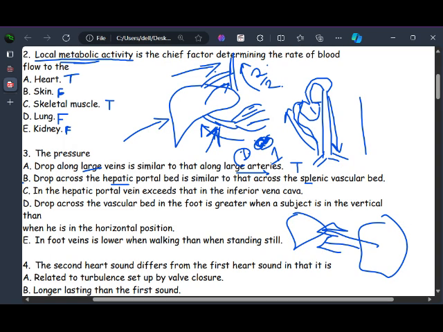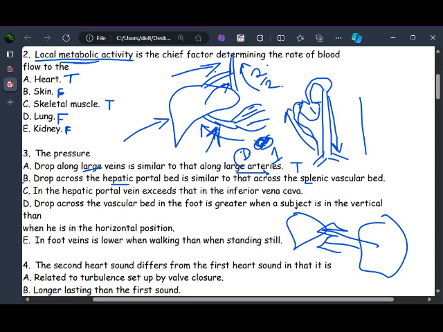So here it's saying that the pressure in the hepatic portal vein exceeds that in the inferior vena cava. If the one in the hepatic portal vein is higher and this one is lower, then blood flows from a place of higher pressure to a place of lower pressure, and that is actually what happens.